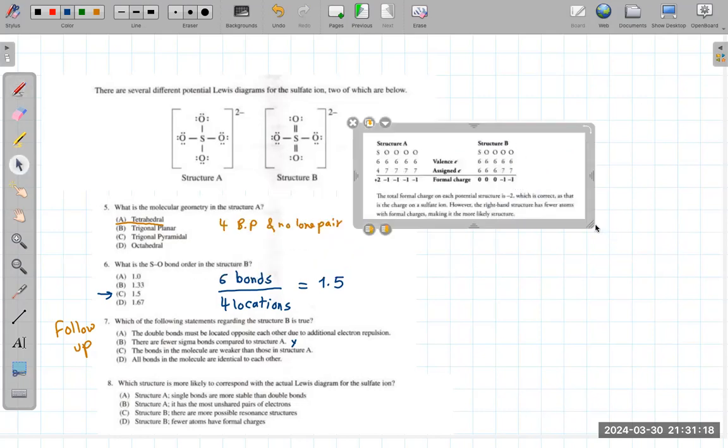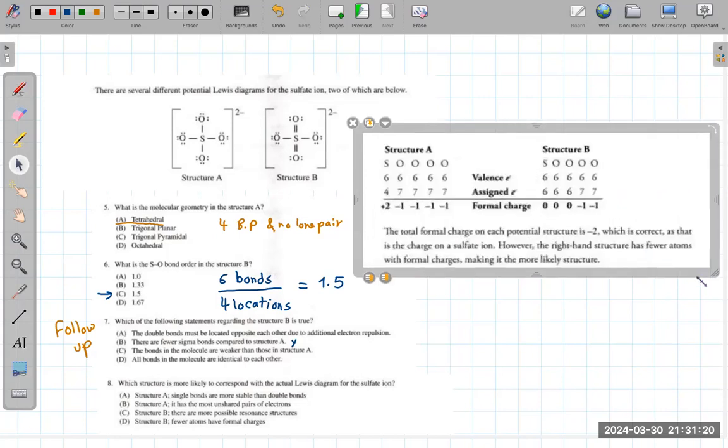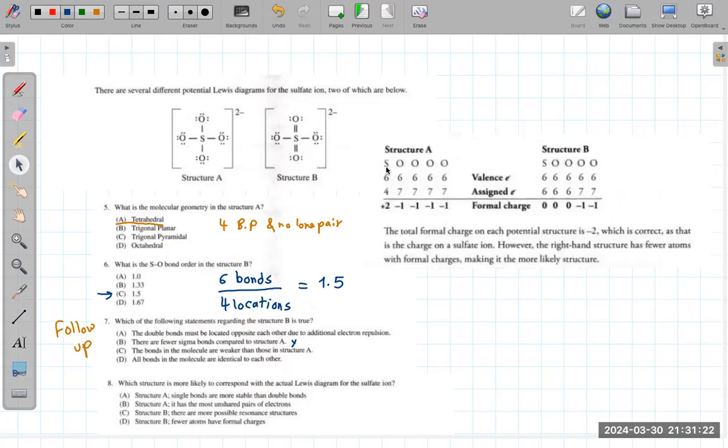Okay, he gave me structure A and said let's see how he is doing this. So S has 1 2 3 4, structure B 1 2 3 4. Each S has 6, so this is 6 and has 4 bonds.